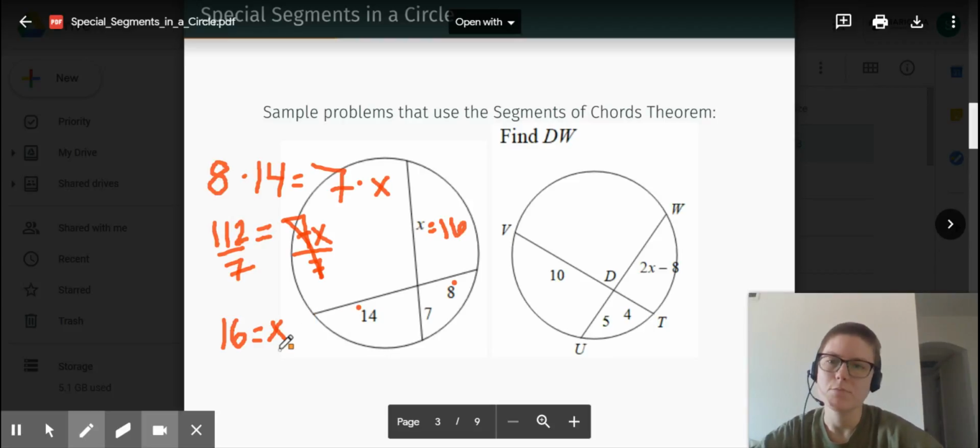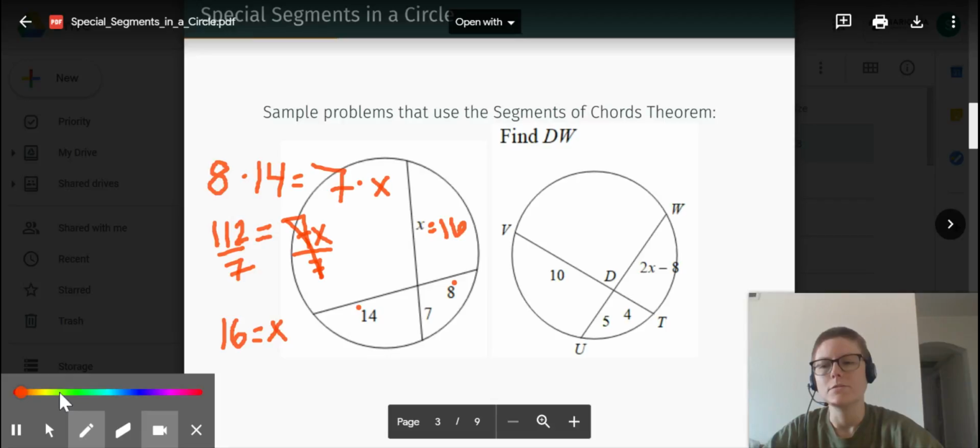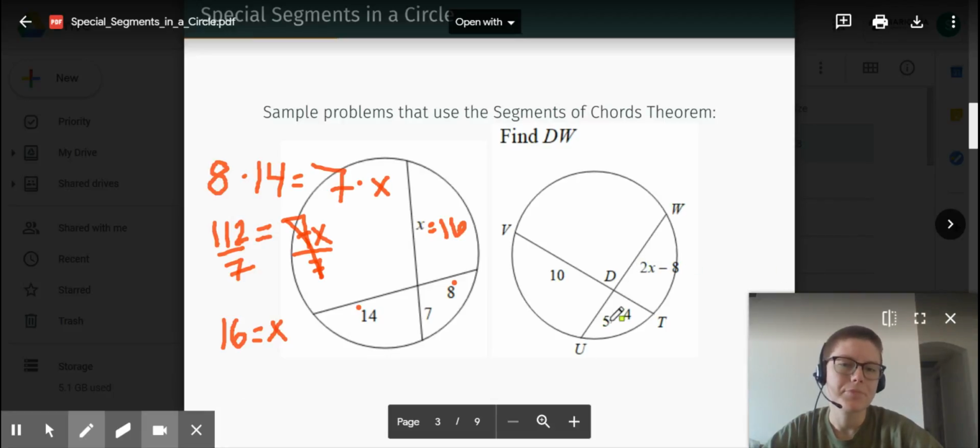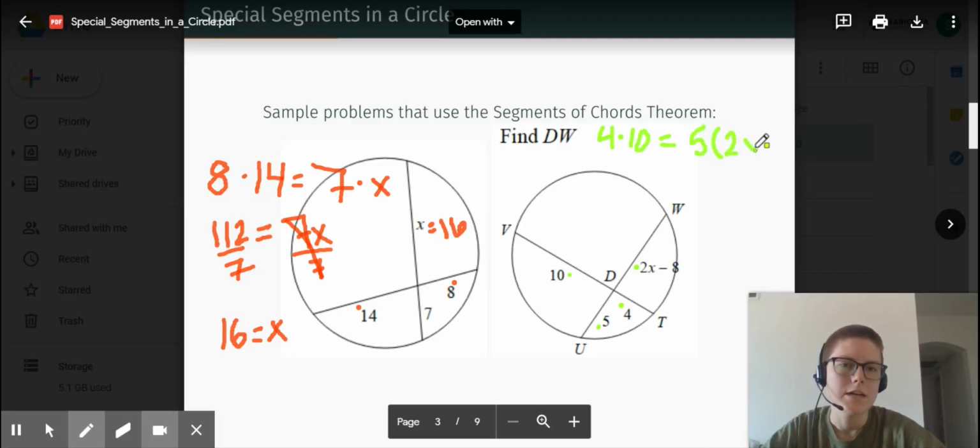And see, that's pretty simple, right? It does get a little trickier. We're going to use a different color and do this one now. So we want to set up, right? We've got 4 and 10 for these two segments. So 4 times 10 is equal to 5 times 2x minus 8.